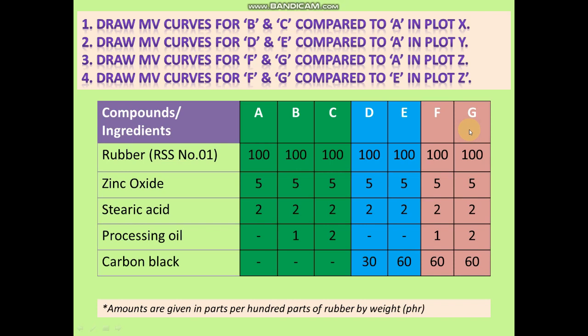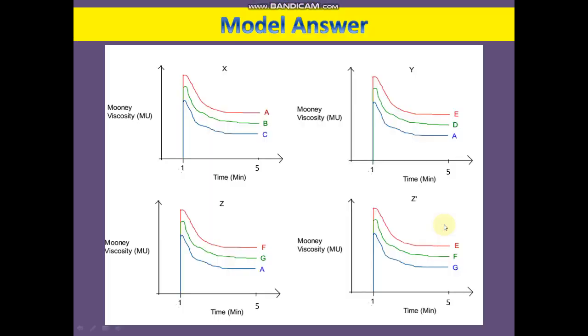We know that when we increase the oil-like materials, they reduce the Mooney viscosity value more. Based on that fact, the G compound should show lower Mooney viscosity compared to F. We'll go to the curve Z.